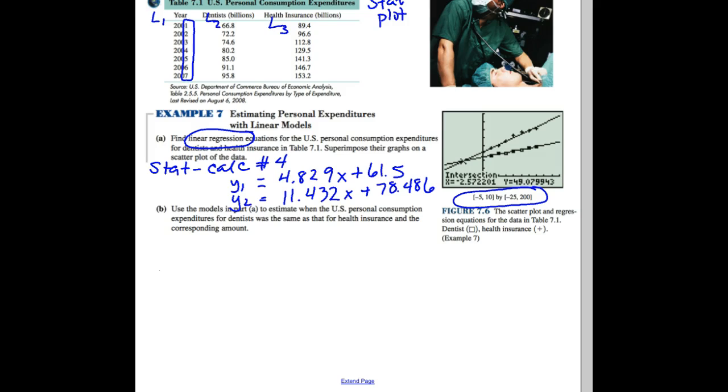They're intersecting back here. Okay, so go ahead and do an intersection. Find where those intersect. So second trace, number 5, intersect. Enter, enter, enter.